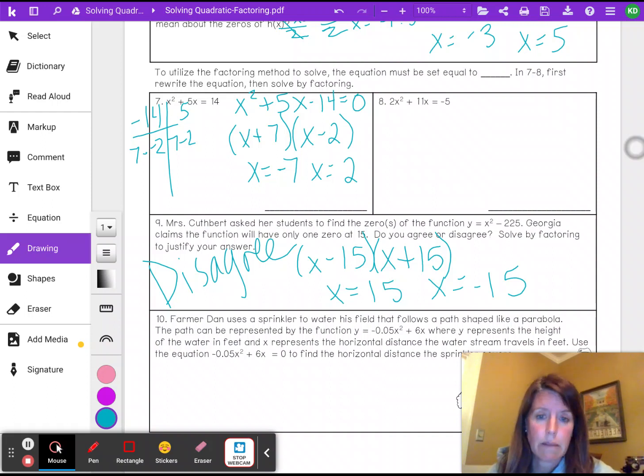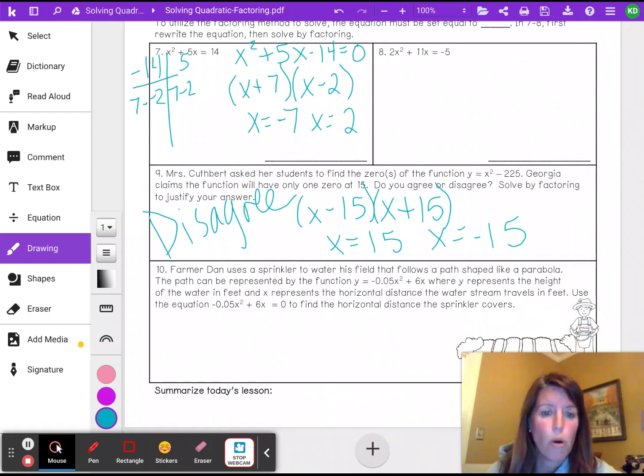The question is asking, find the horizontal distance that sprinkler covers. So when you put that in your graphing calculator, I want to give you all a second to put that in. Make sure your window is set so that you can see.